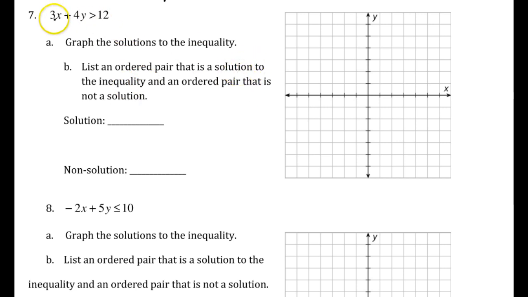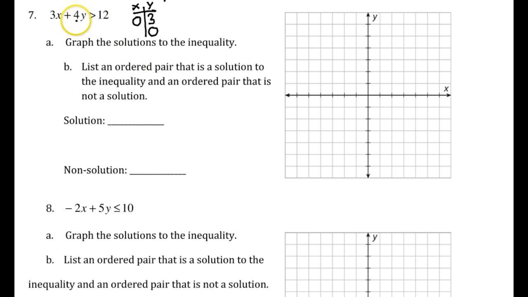Let's see here. So I'm going to graph by intercepts actually. Meaning plug in 0 for x, what do you get for y? So if this is 0 here, 4 times what is 12? You get 3. And then do the opposite. Find the other intercept.